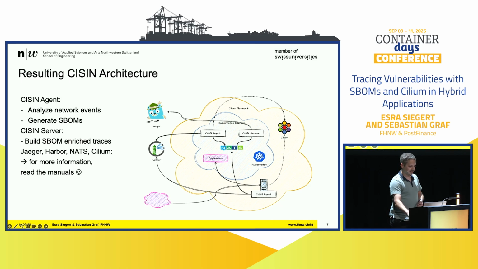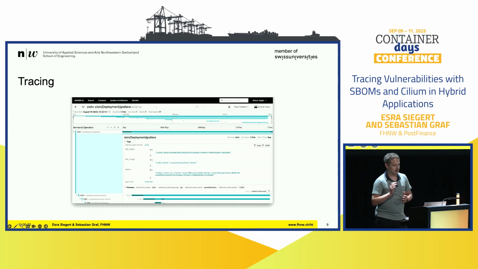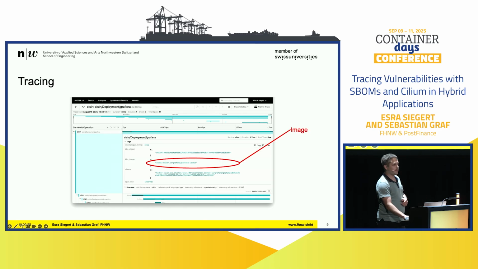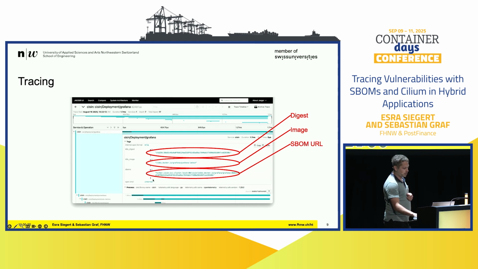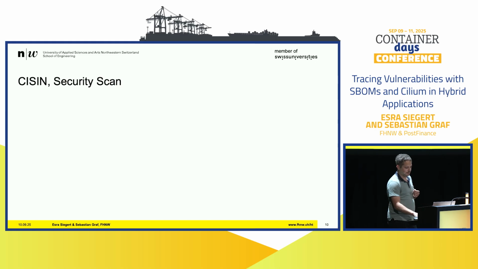So how does this look like in Jaeger now? On one hand, we have the image. We have there the digest, because the tag isn't enough to specify the image, as we see here, we have a latest image. And the most important part here, we have the SBOM URL. So what can we do with this information?